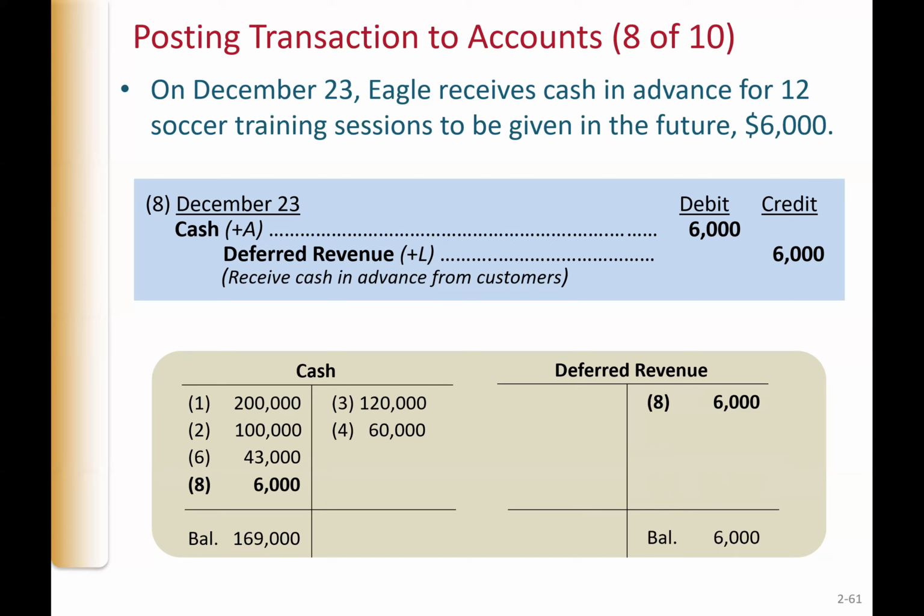So we're receiving money now for a service we are going to provide in the future, but we haven't provided it yet. We owe somebody something. So the cash increases, which is an asset, but we owe them soccer lessons. That's why it's a liability, which is deferred revenue.